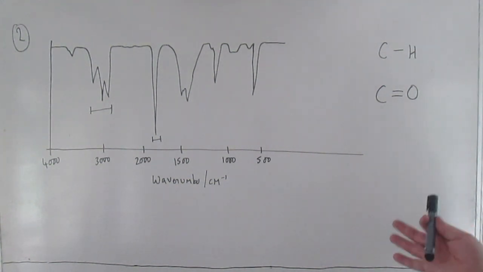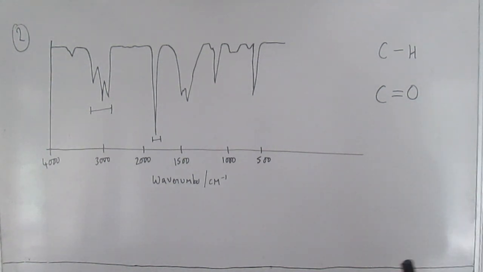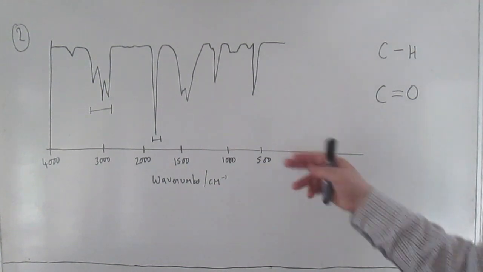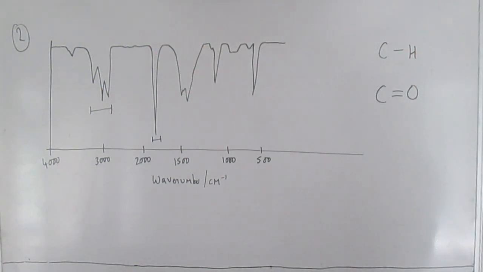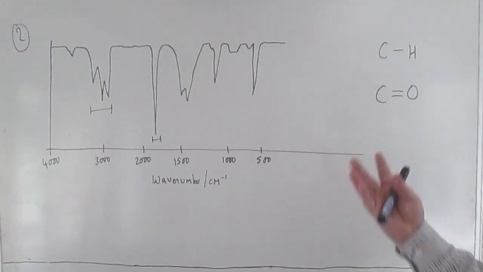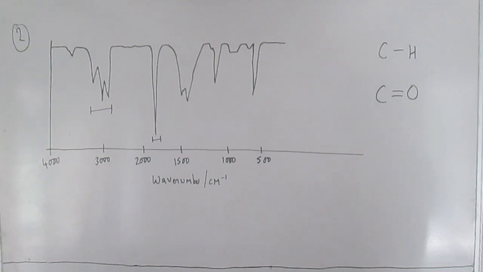That's extremely helpful, because if you see that, it's very strong evidence that there is a C double bond O in your molecule. Equally, if you run a spectrum of something and it's flatlining through there, you can be very sure there isn't a C double bond O. That can be just as useful as knowing that there is one. So looking for absences of characteristic peaks in infrared spectra is actually just as useful as looking for their presence.